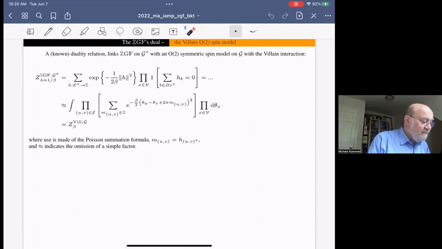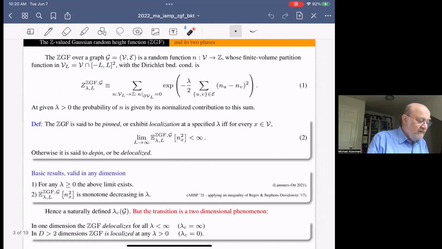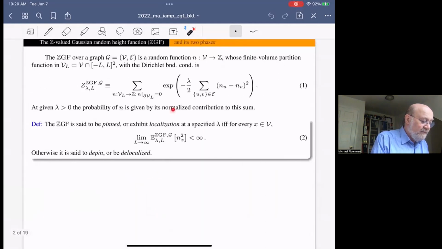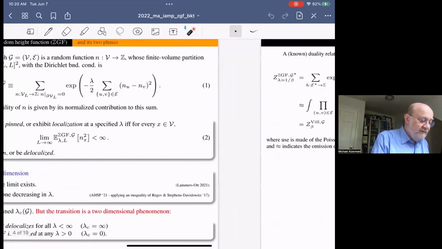Now, this is kind of an upshot of the transition for one of the players in this story. It's the random height function.